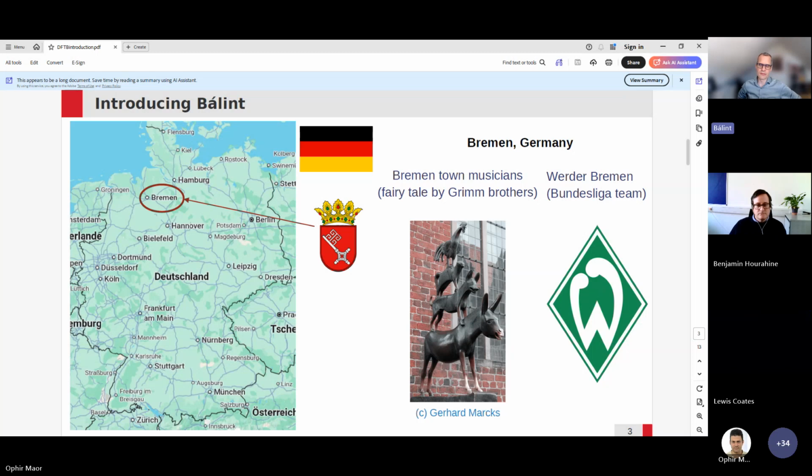in Germany. And I'm not sure how much familiar you are with fairy tales by the Grimm brothers, but basically there's a famous fairy tale, the Bremen Town Musicians, about these 4 animals which you see on the picture, who at least tried to reach Bremen, and that's basically also became the marketing logo of Bremen.